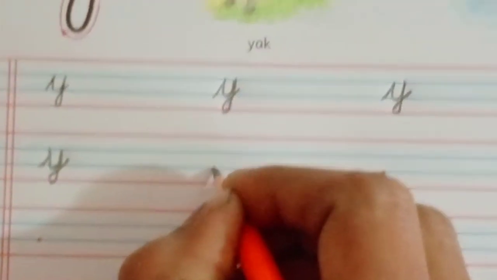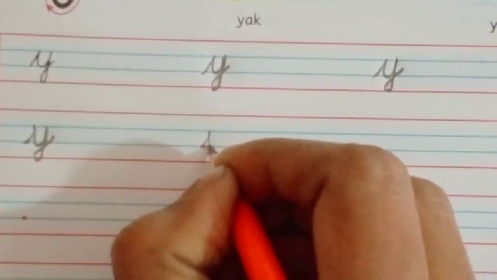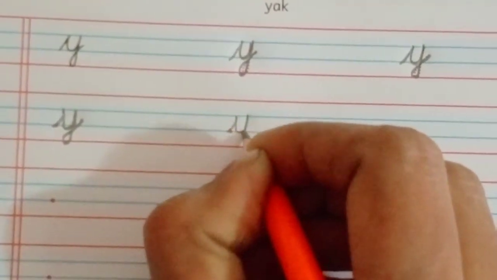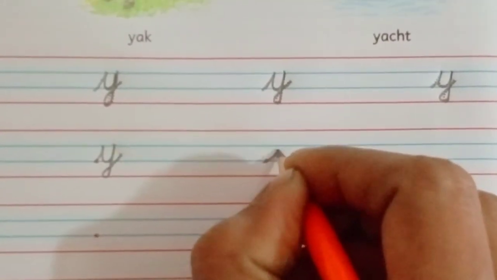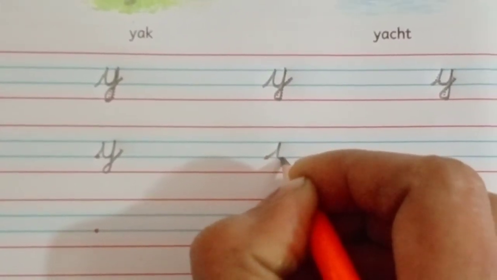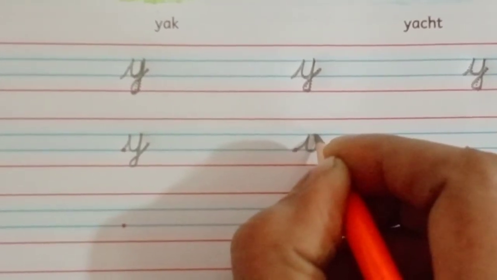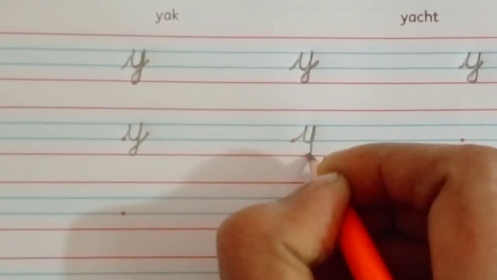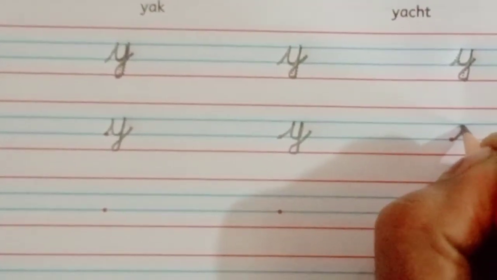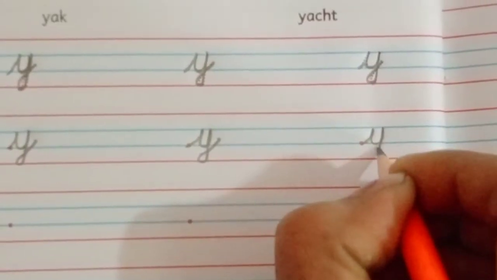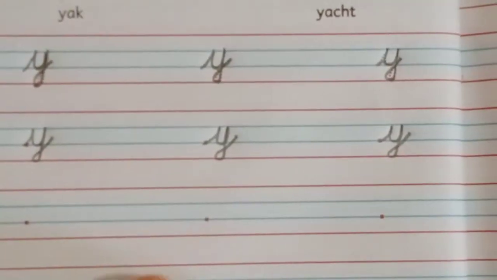Small cursive Y. Start from the third line, go to the second line, come down to the third line again, go up to the second line, then again come down to the fourth line like this. Okay. Next, this page also, page number 99 also, small cursive Y.